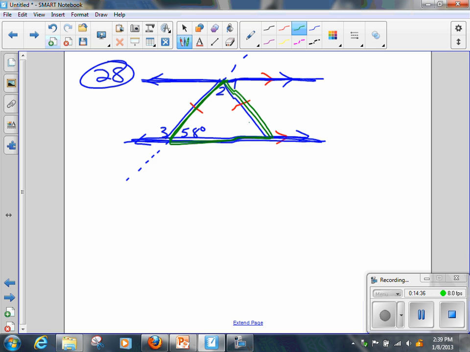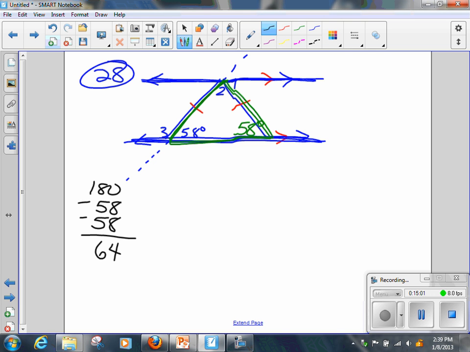Do you guys agree with that? Yes. Can I now find the measure of angle 2? How am I going to find that? Right on. 180 minus 58 minus 58, which is, y'all punch this up in your calculator for me. 64 is left over.